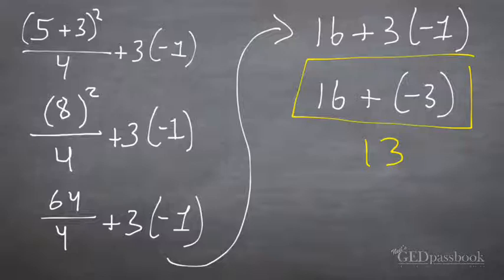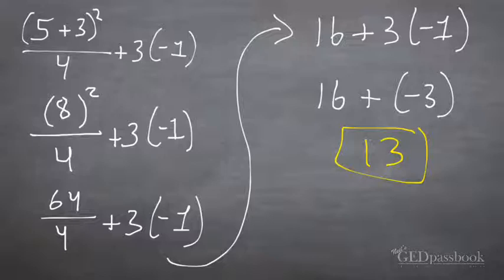So the difference between 16 and 3 is 13. The sign of the bigger number is a positive, because 16 is the bigger number, which means it's positive 13. I just wanted to bring that back, help you guys not forget about those rules. So 13, my friends, is the final answer. Did you see how it all got applied? Does anybody have any questions?